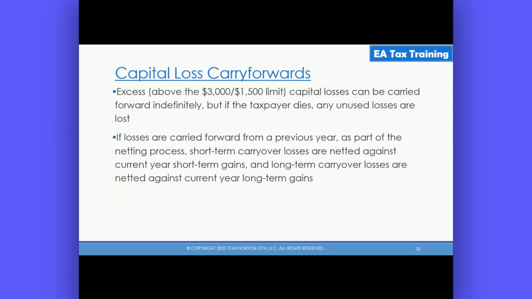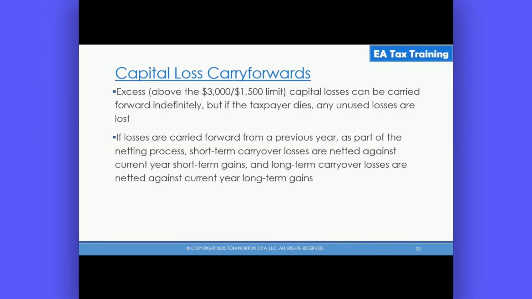So let's say you don't have any more gains or losses in the future years. Well, you can take $3,000 this year. You can take $3,000 next year, $3,000 a year after that, $3,000 a year after that, etc., until the entire $40,000 loss is used up.